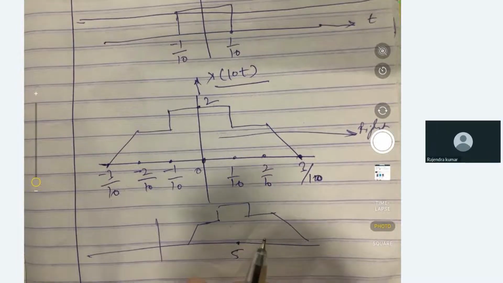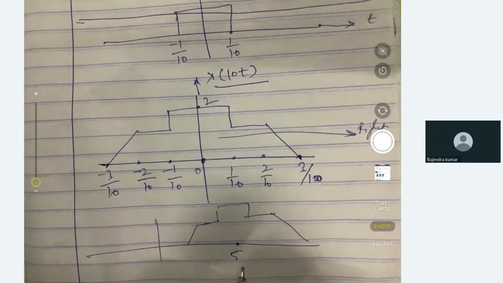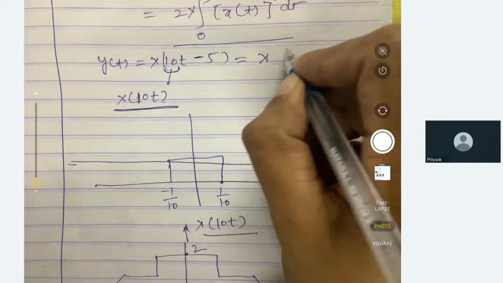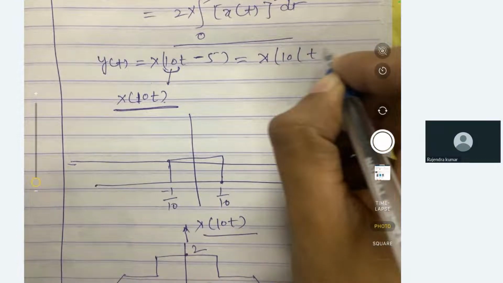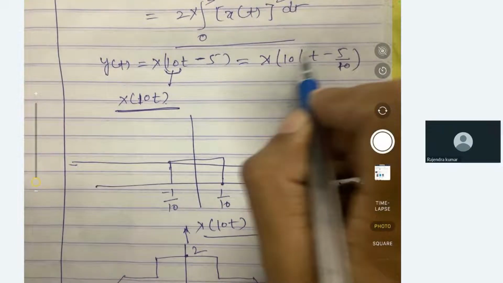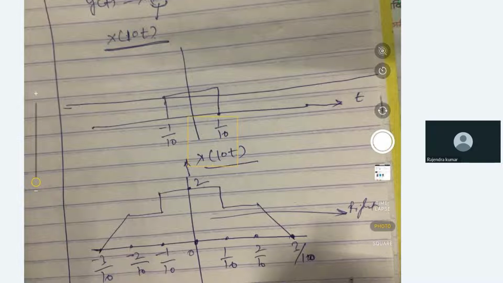Otherwise, if it is written this way, like x of 10 taken out and t minus 5 by 10, that is t minus half. Okay, you mean to say that if we take 10 out and have t minus half, then in this case you have to apply first scaling, then reversal, and then shifting.